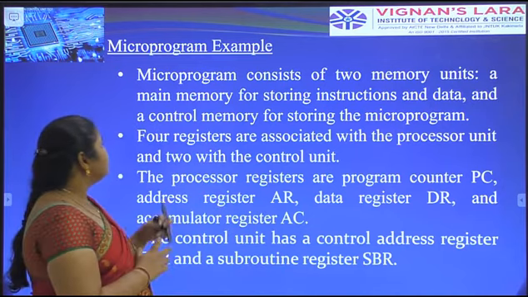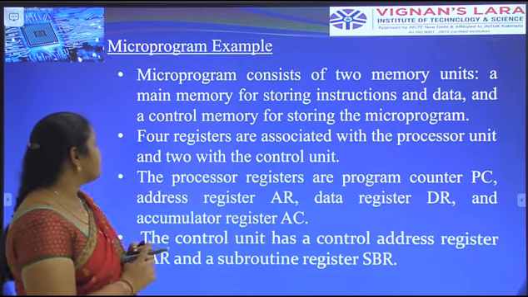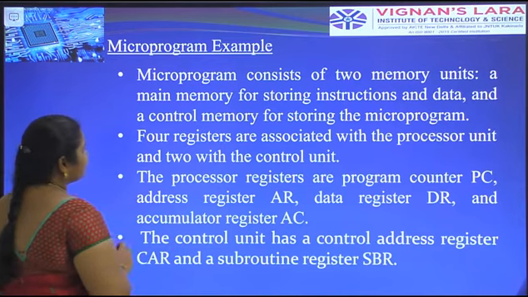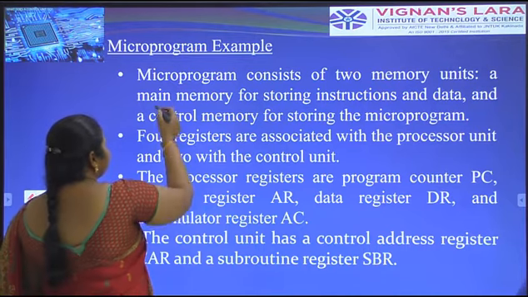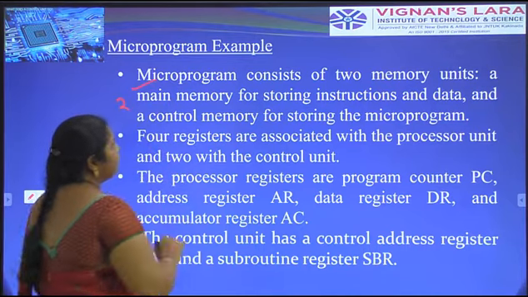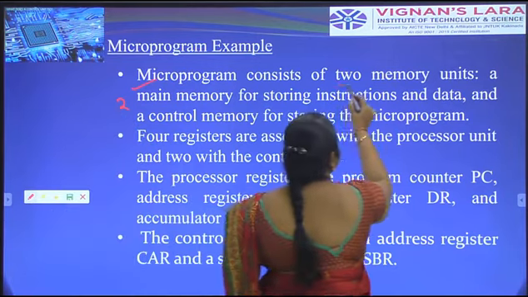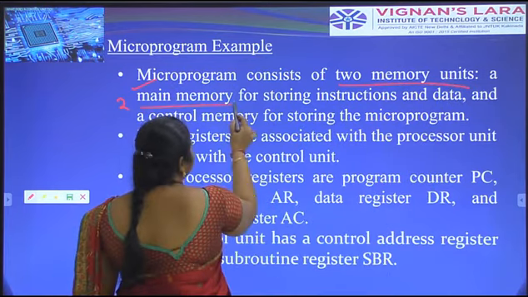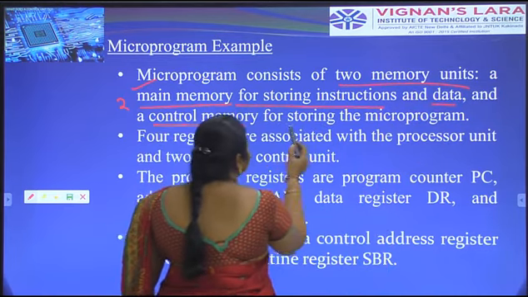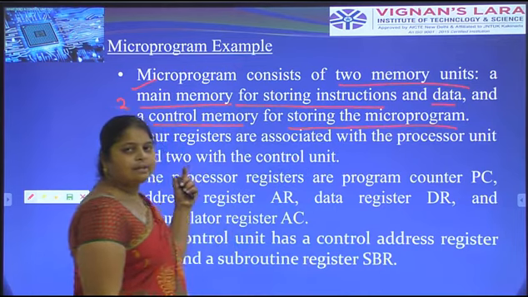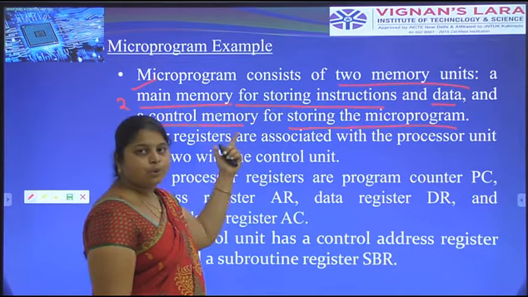Next, coming to the microprogram definition. What is a microprogram? It consists of two memory units: main memory for storing instructions and data, and control memory for storing the microprogram. Main memory is for storing instructions and data.